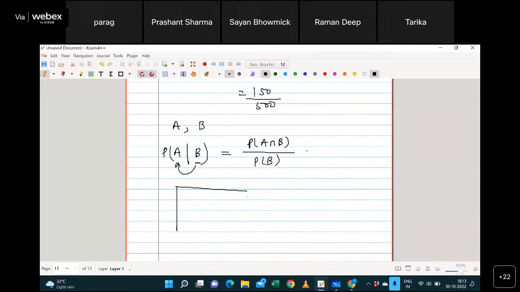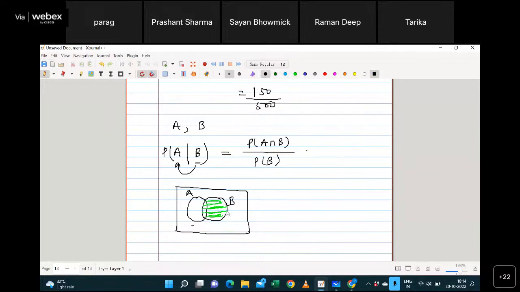You can understand it by a Venn diagram. Suppose this is my sample space. This is my A. This is my B. It is given that B has occurred, so this green region has occurred. My new sample space is this B region, this green region.